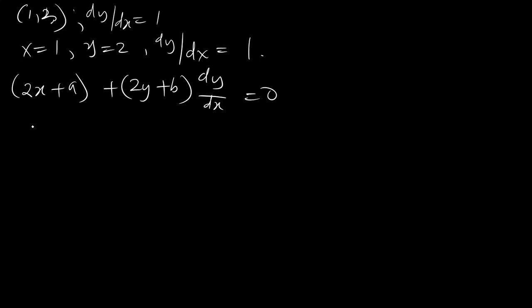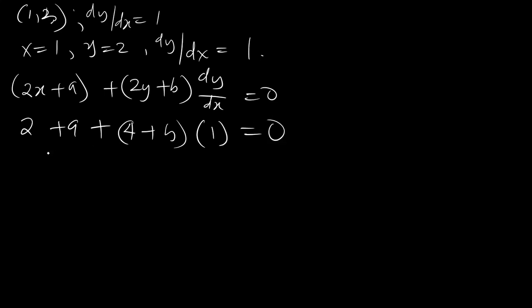You now have 2 plus a plus 4 plus b, times 1, equal to 0.